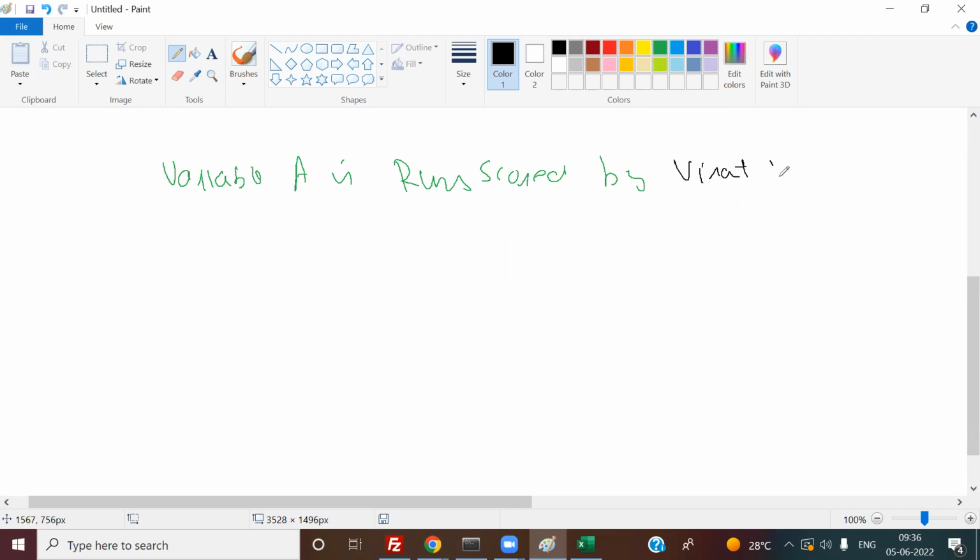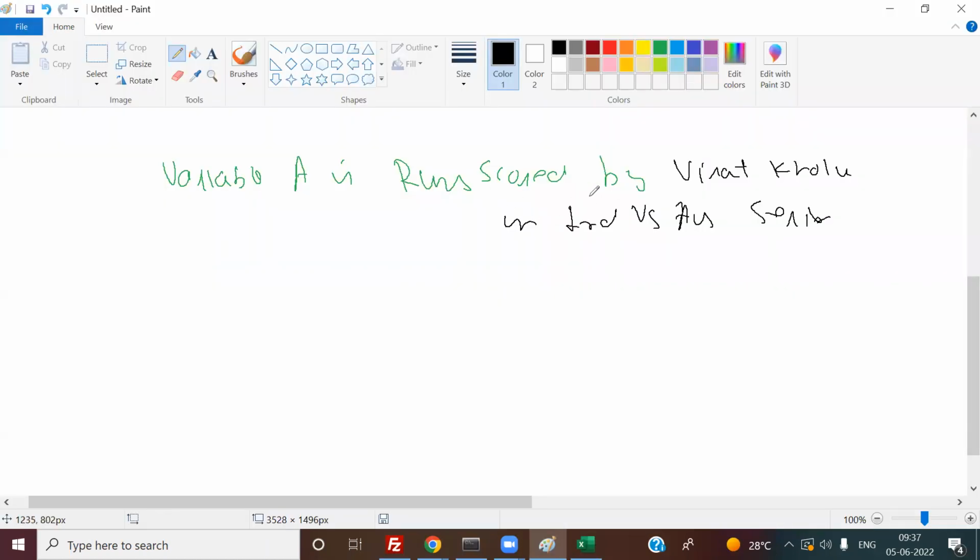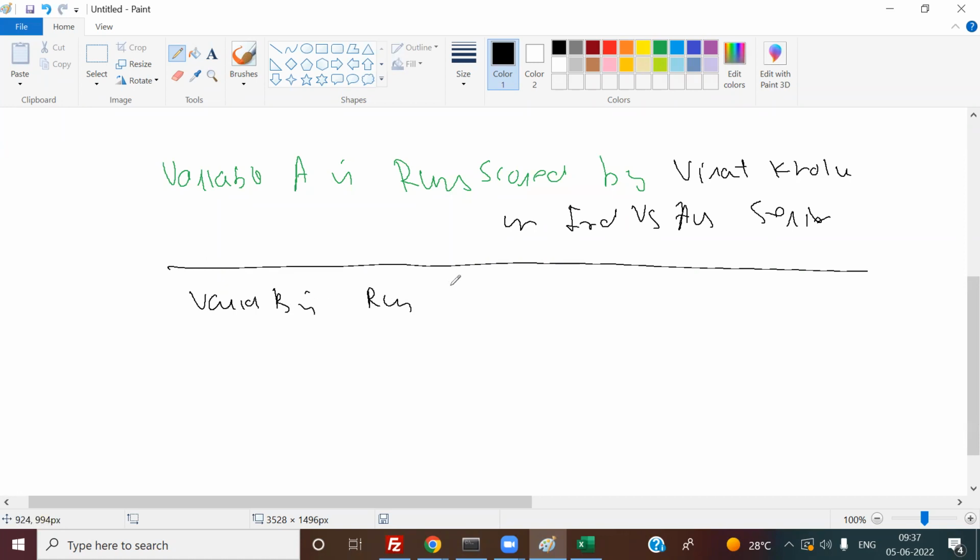Let's say Virat Kohli in India versus Australia series. Let's say, वैसे 400 रन तो कोई नहीं बनाता है, but let's say for example India versus Australia series. And variable B is runs scored by, कोई वेस्ट इंडीज प्लेयर का नाम बताओ. ब्रायन लारा. अच्छा चलो ठीक है, by Lara in West Indies versus New Zealand series.